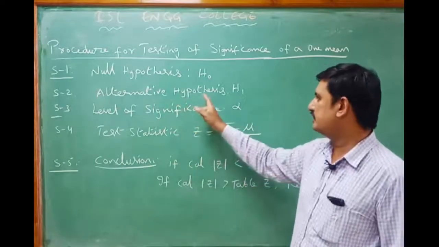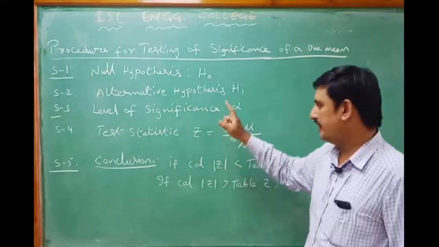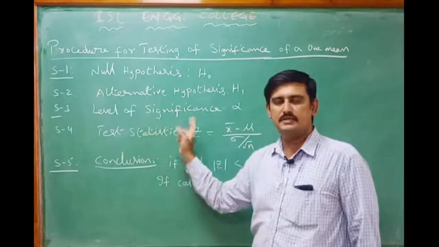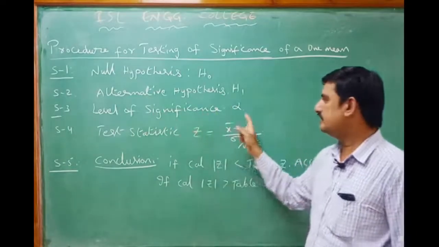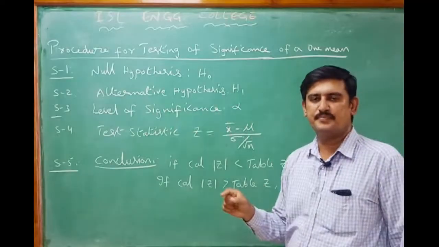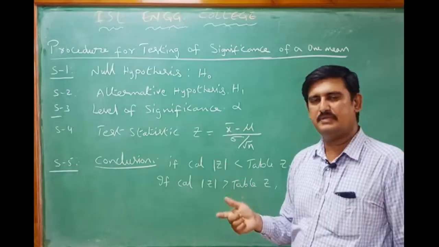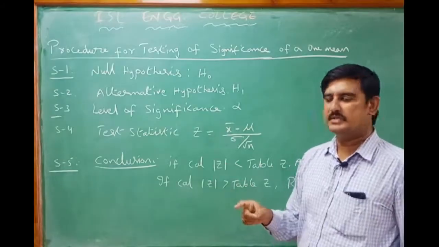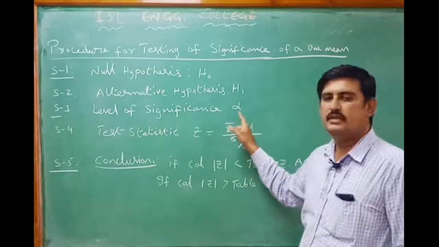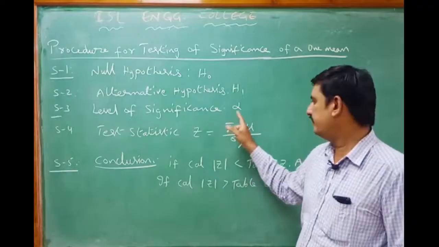The alternative hypothesis is considered as H1. Then take the level of significance alpha. He will mention it in the problem, generally 5% or 1%, sometimes 10%. If he doesn't mention it in the problem, then always try to take 5%.